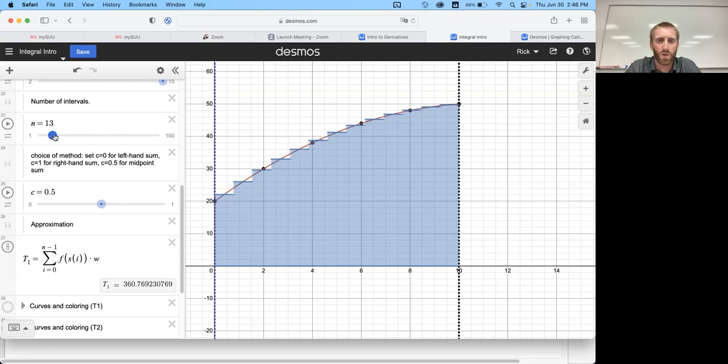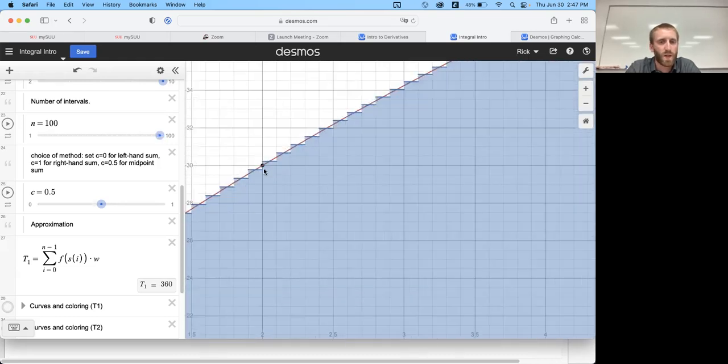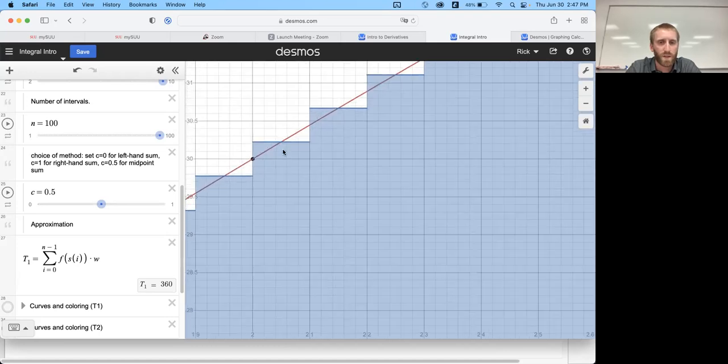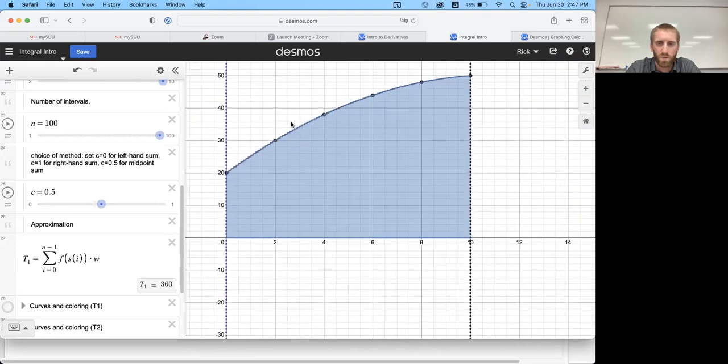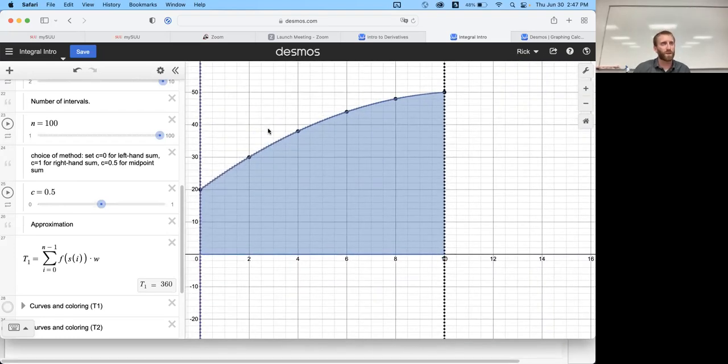If I keep increasing the number of rectangles that I'm taking the areas for and then adding them all up, then I'm going to get closer and closer to the actual area under that curve. Okay, so with 100, maybe it looks pretty good. If we zoom in, then we can still see, oh boy, we're missing stuff here, we're overestimating it there. So the optimal number of rectangles to add up is an infinite number.